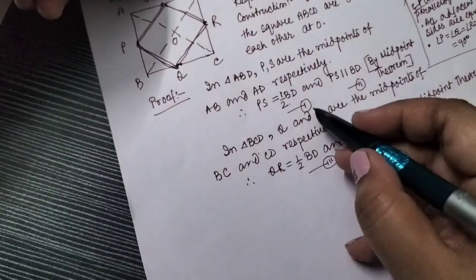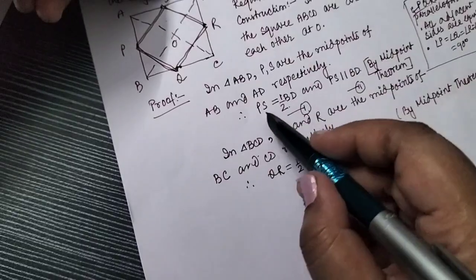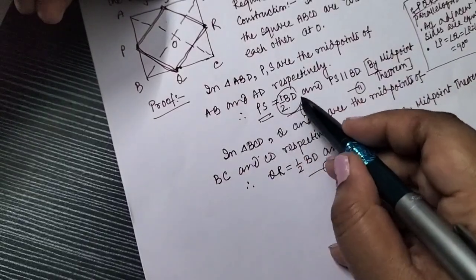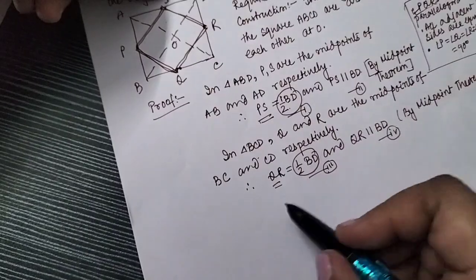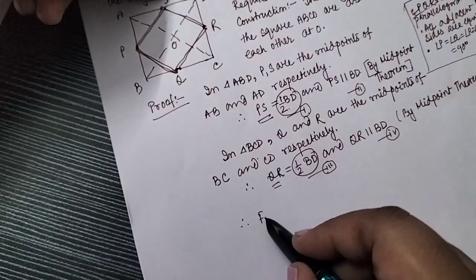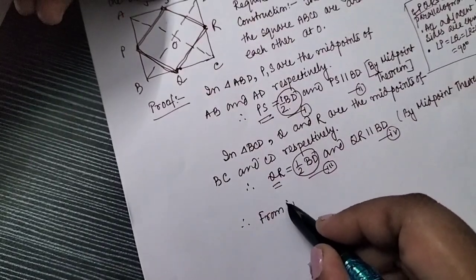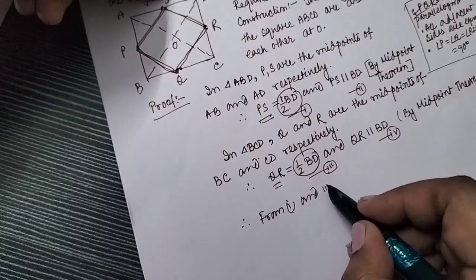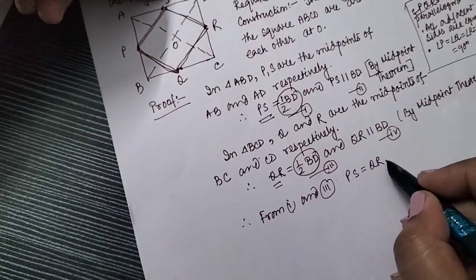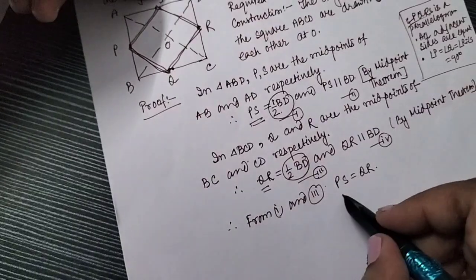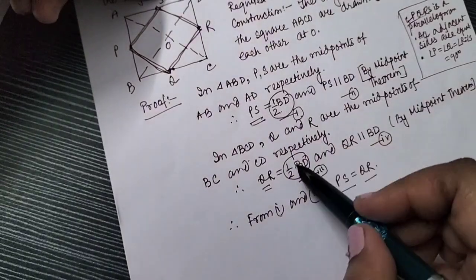So if you now combine 1 and 3, we'll get PS is equal to half of BD, QR is also equal to half of BD. So we can say from 1 and 3, PS equals QR. Got it? Because both of them are equal to the same thing.